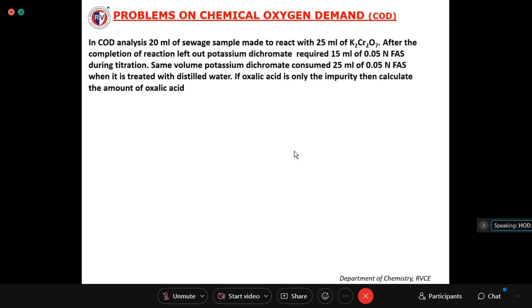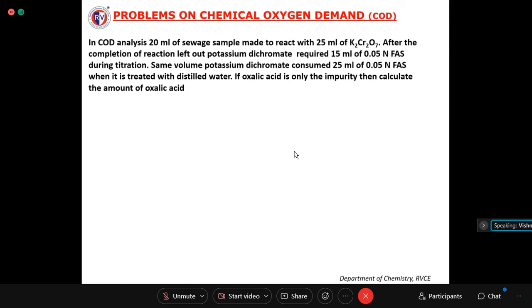Note down this problem. In COD analysis, 20 ml of sewage sample is made to react with 25 ml of K2Cr2O7. After the completion of the reaction, the left out potassium dichromate required 15 ml of 0.05 normal FAS during the titration.